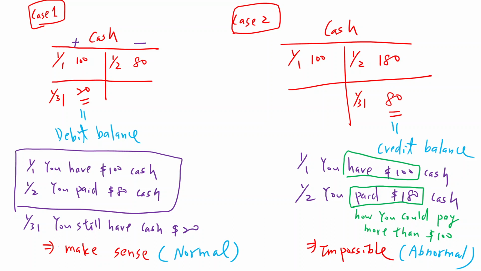Okay? So every time you find the final number on a debit balance for your cash, it is normal, it makes sense. Every time you find the final number on a credit balance for your cash, it is abnormal, it does not make sense because it is impossible.